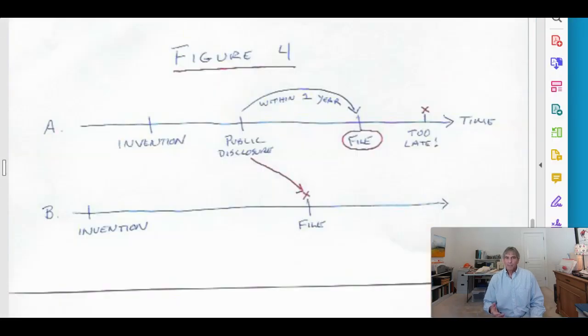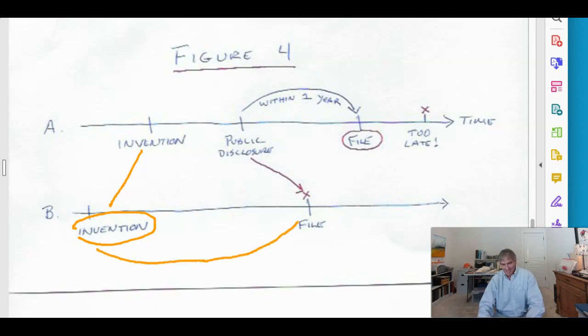Now, I want you to look again at Figure 4 and notice that B's invention date is before A. Okay, we know that the invention dates are no longer relevant. Still, I want you to see that B invented first, but waited to get his act together. In the meantime, before he filed his application, A made some public disclosure, such as through sales, a news article, or a demonstration.